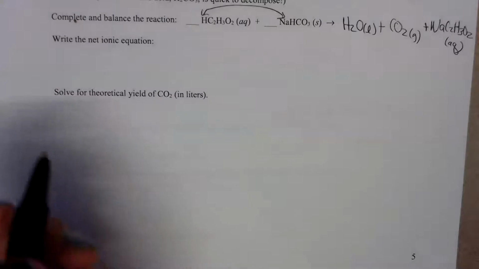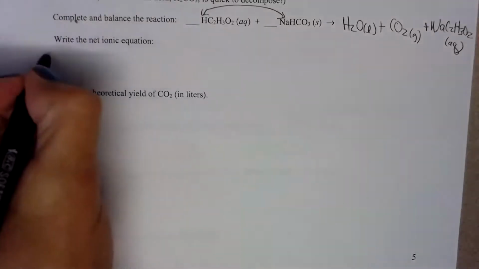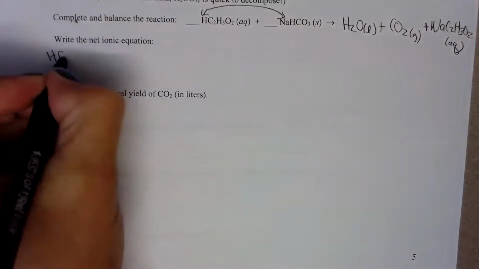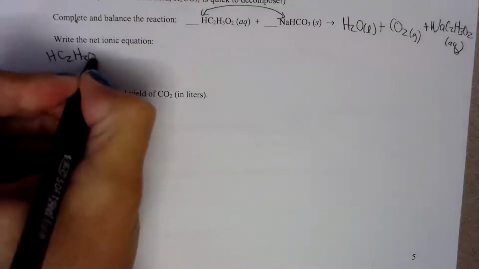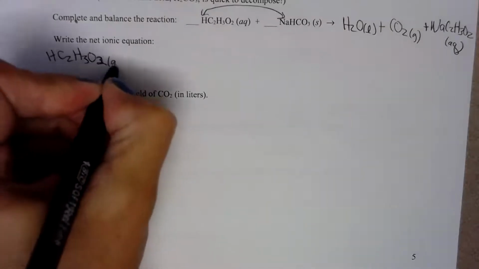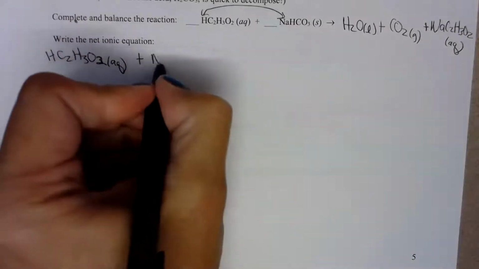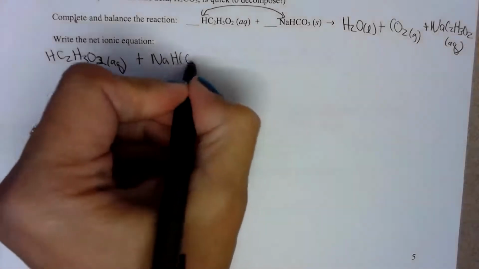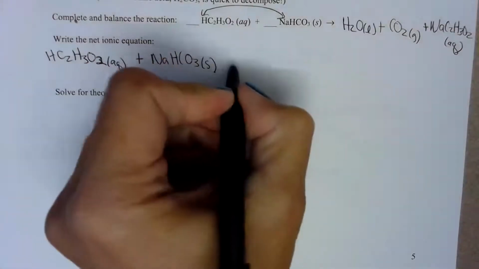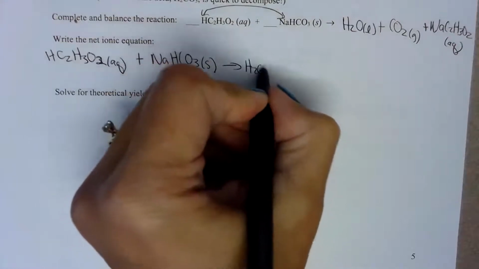It also included writing the net ionic equation. Remember that weak acids are weak. They do not completely dissociate in water, so they stay together. Sodium bicarbonate is a solid, so it stays together. Water is a molecule, so it stays together.